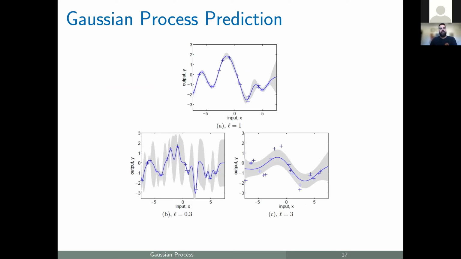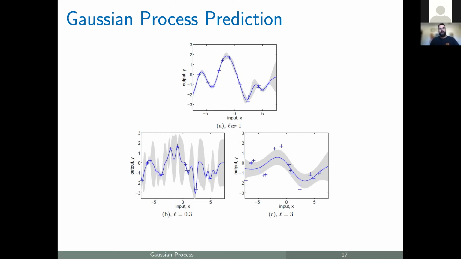Here's a picture just to give you an idea of what a Gaussian process looks like. In each of these pictures, the little crosses represent data, and the data in each picture is in the exact same location. There are parameters inside the Gaussian process that govern what the prediction will look like. What I was hoping you'll get out of this picture is that you can capture lots of different types of trends using a Gaussian process with the same data.